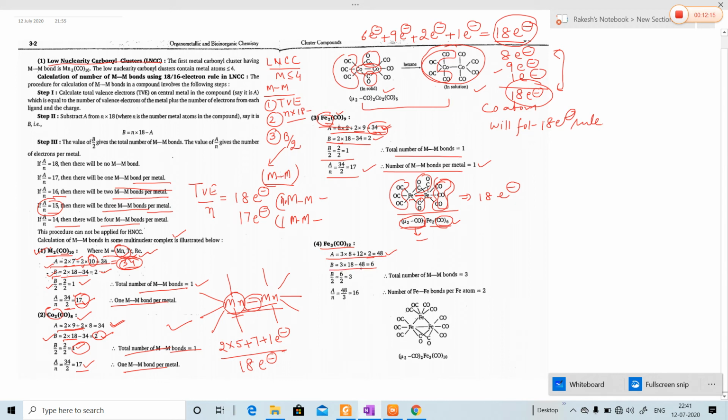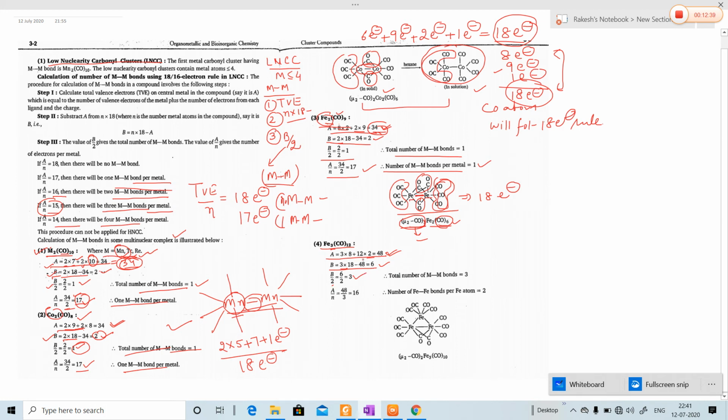In the second step, we have to subtract this total valence electron count from the term n into 18. The value of n is equal to 3 in this complex. So 3 into 18 minus 48, we get 6. When we divide this 6, the term B, by 2, we get 3.